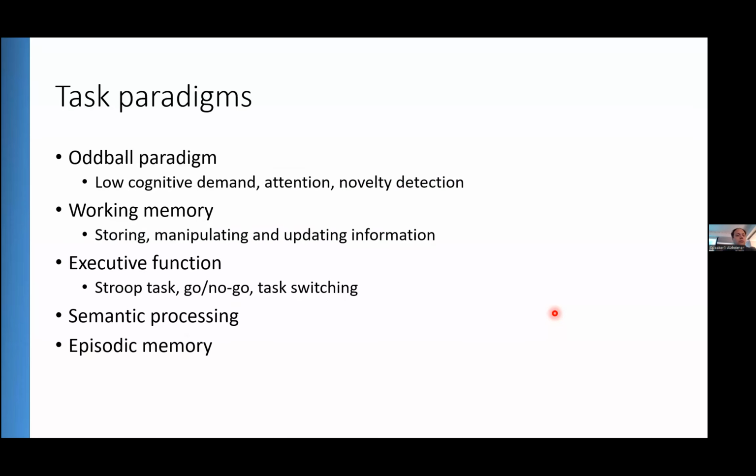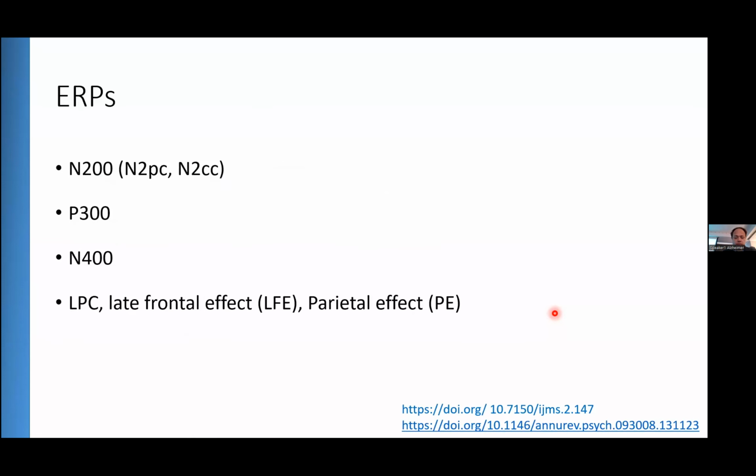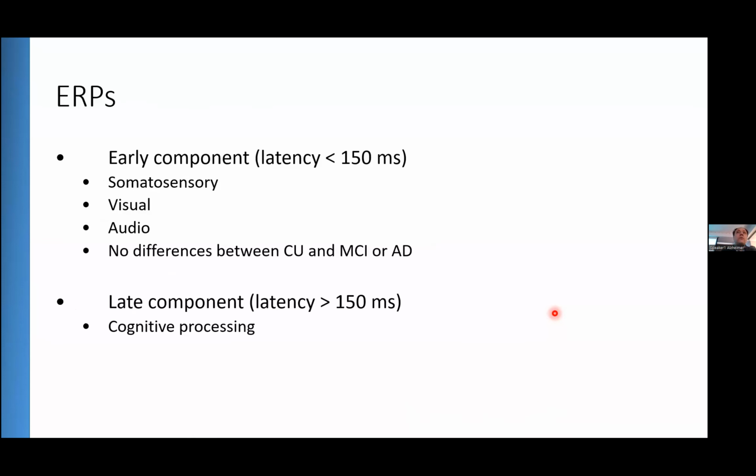We can use, for example, oddball, working memory, executive functions, or semantic functions, and we get different components, but whatever is below 150 milliseconds will be normal. There won't be any significant differences between the cognitively unimpaired, patients with mild cognitive impairment, or patients with Alzheimer's disease. Why is that so? Because this is a pure physiological response. There is no cognitive load in that one.